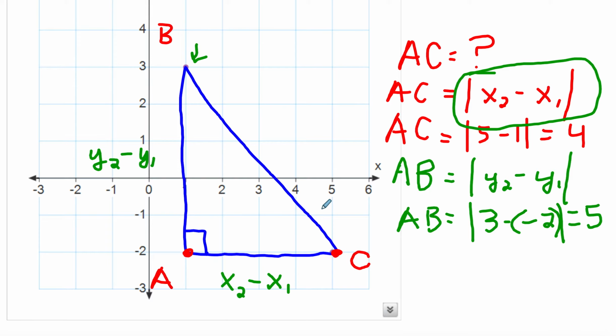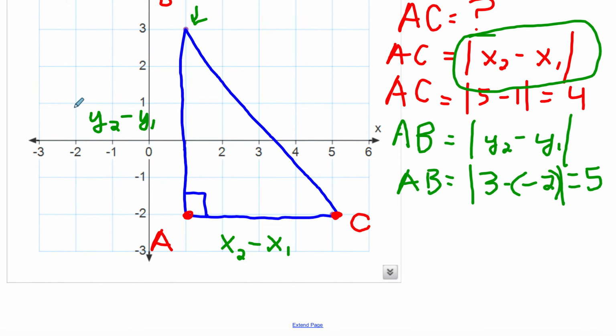So it's a little bit more complicated. But according to the Pythagorean theorem, we know that the square of the lengths of the legs is equal to the square of the length of the hypotenuse, right? We know that from our last slide.